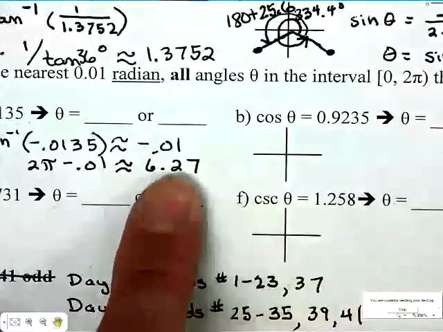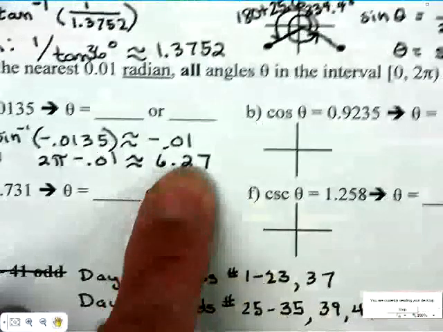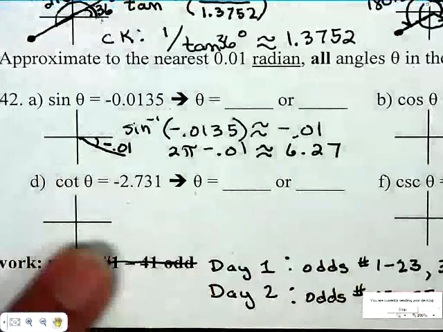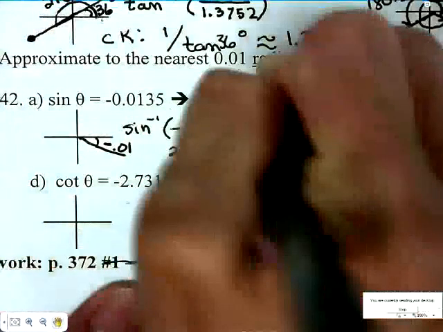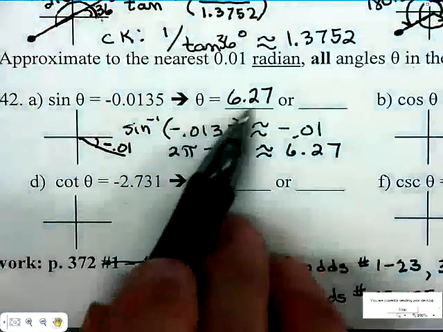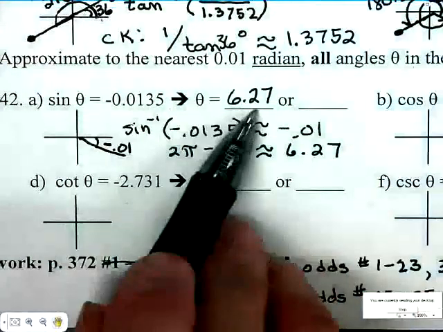It's darn close to 6.28, only 1/100th of a radian below that. Because that's radians, I don't have to write the units. It's understood to be radians.